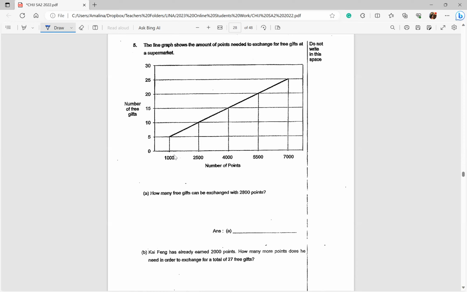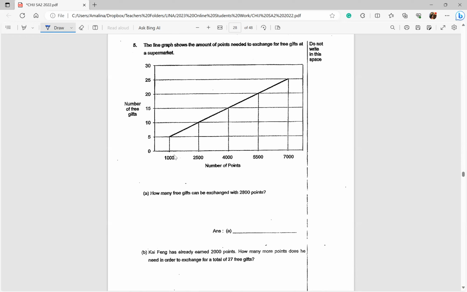For part A, how many free gifts can be exchanged with 2,800 points? This is one way you can do it. To find exactly how many points I need to get my gifts, I compare the difference.